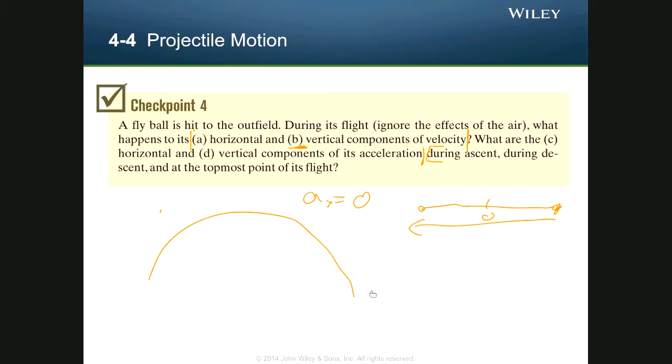Only AY is not 0. That's the key part to remember. AY is negative g, AX is 0. So it's only VY that changes.